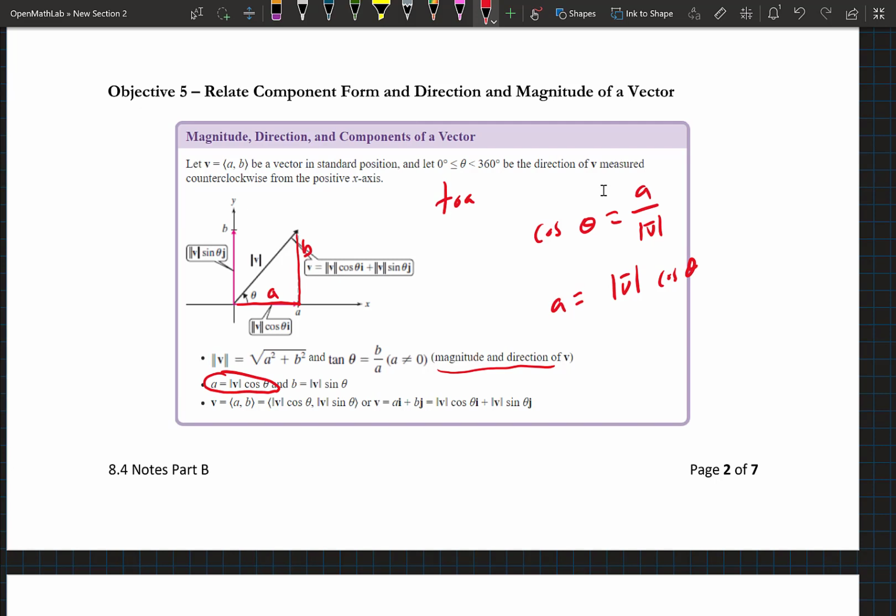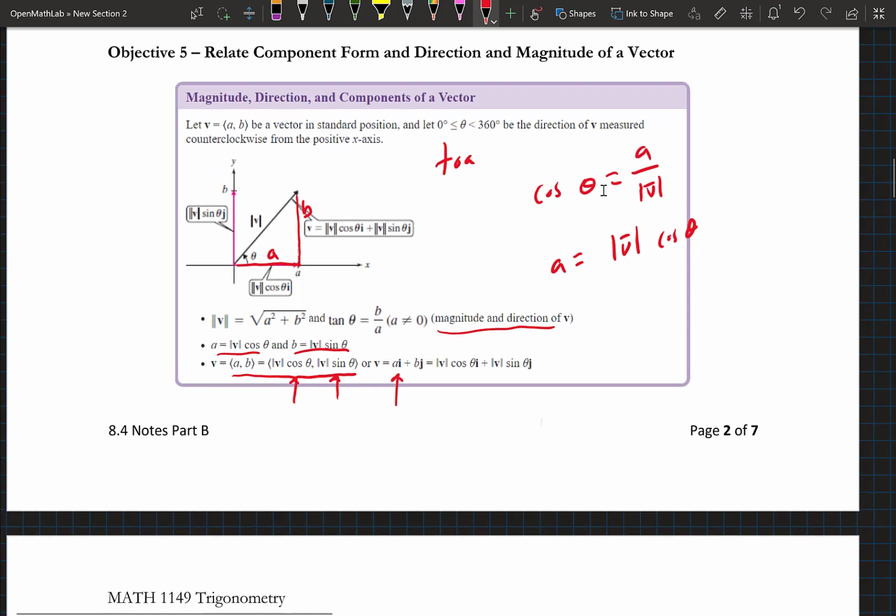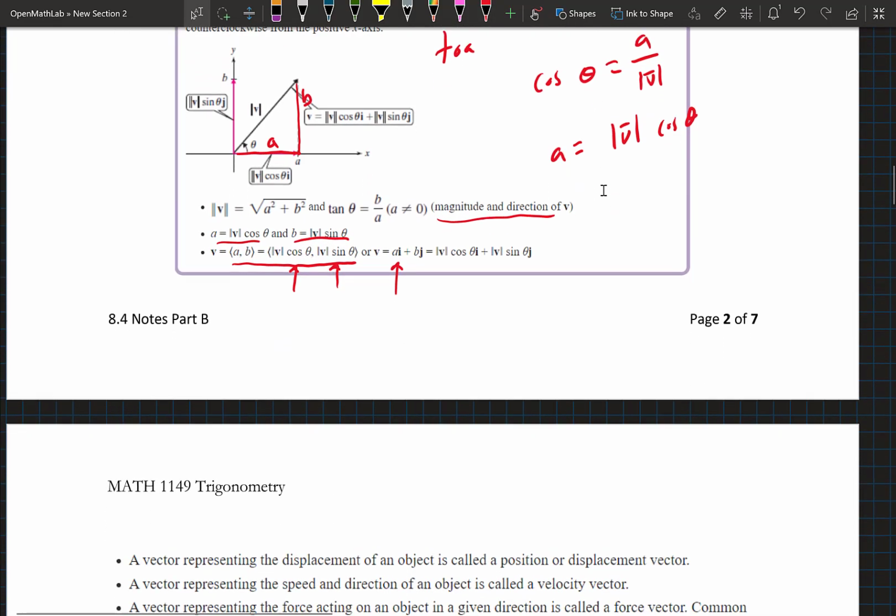Then I can do something similar to get b, so you can see where those come from. If I plug those values for a and b into this equation here, we get this vector form. So this last bullet point is just plugging things in for what we've seen.